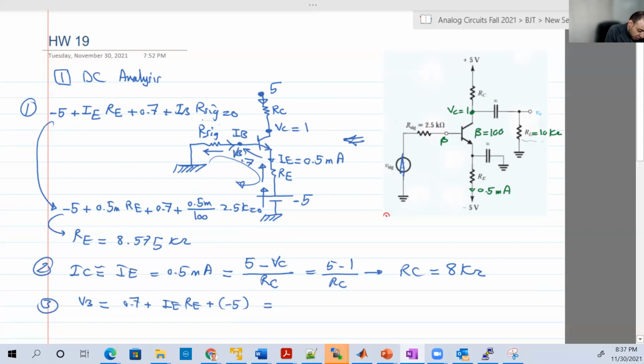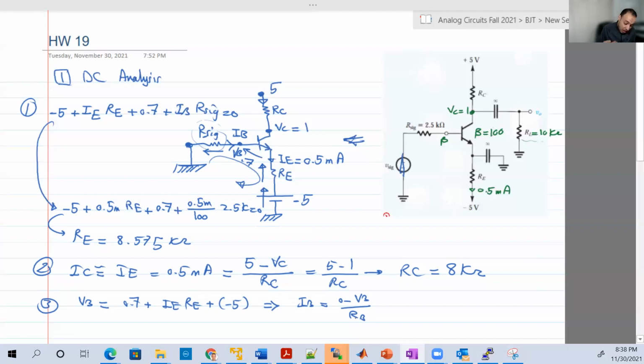that it's the voltage across our signal resistance. I mean, you can say that IB, which flows from the ground to VB, is 0 minus VB over R signal. IB is known, which is half milliampere over beta, half milli over 100.